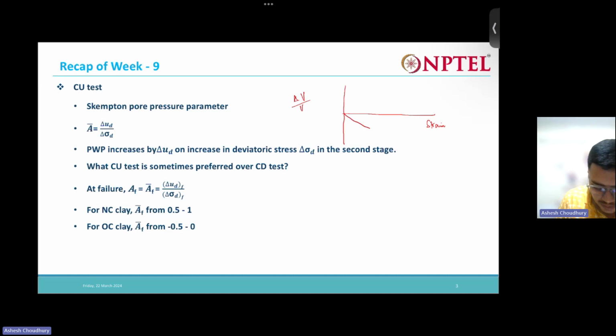The volume is going to reduce as you increase the shear strain. But for over consolidated clay, first you are going to have a reduction, but then the volume is going to increase. That is, there is going to be a dilation. So due to this, what happens if you draw the pore water pressure?